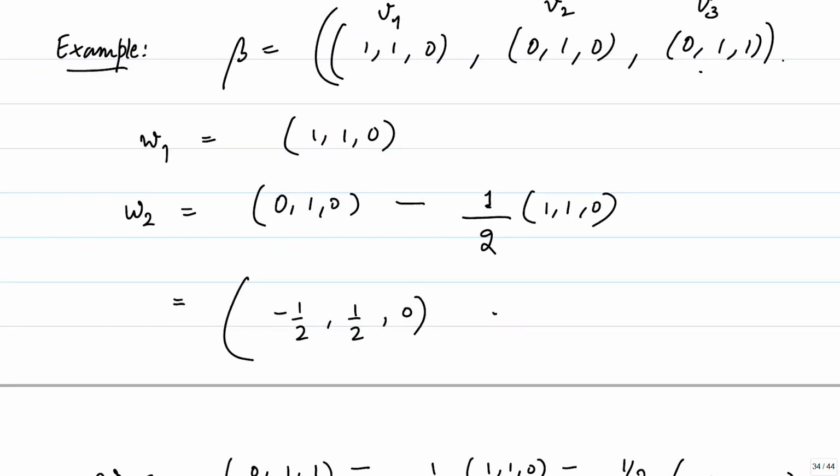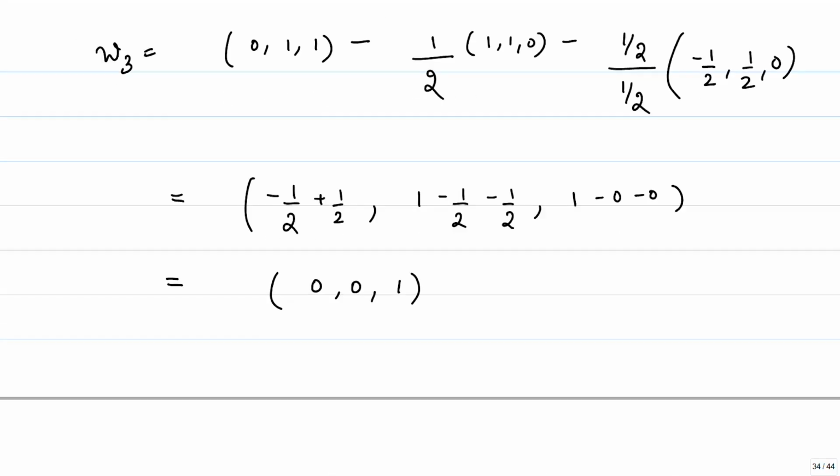So let me just write down what the formulas were here. This is equal to V1, this is V2 minus the inner product of V2 with W1 by W1 length squared times W1. And let me write down what was here.